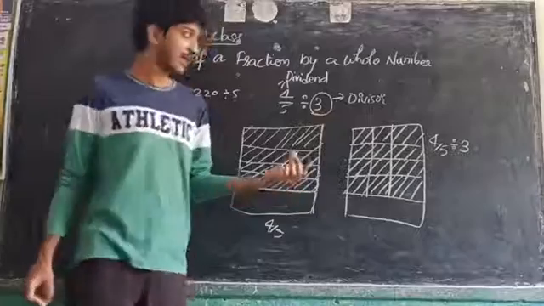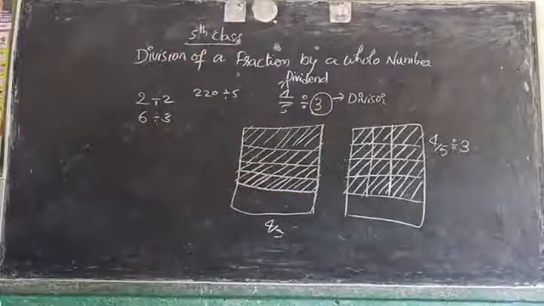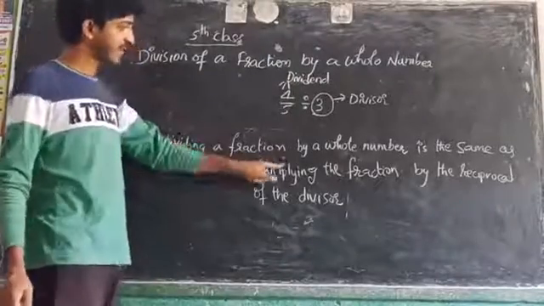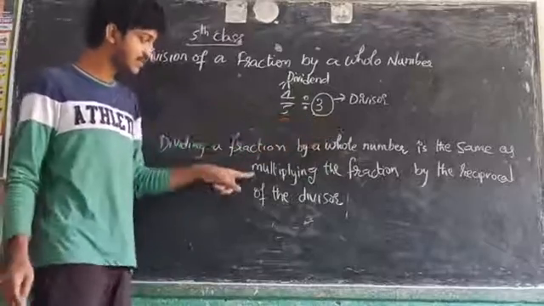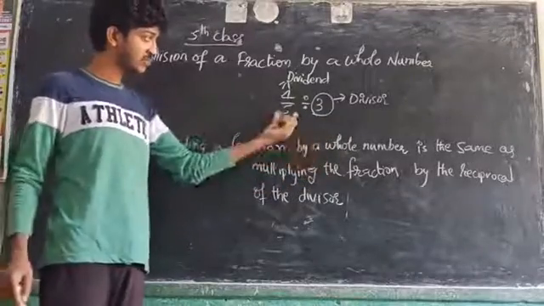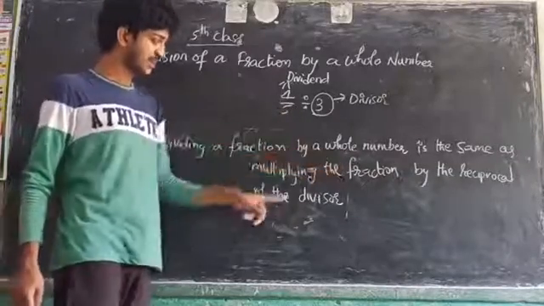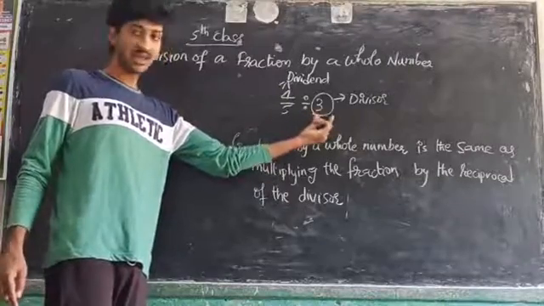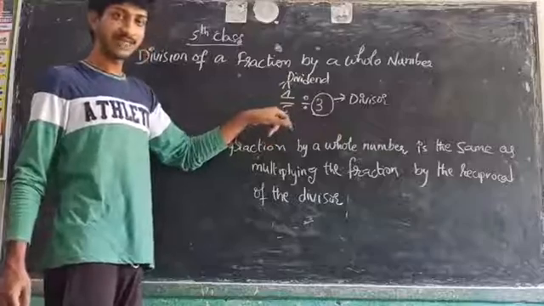Okay, children, see, I am writing now. Dividing a fraction by a whole number is the same as multiplying the fraction by the reciprocal of the divisor. So we have to take the reciprocal of the divisor and then multiply it with the fraction.